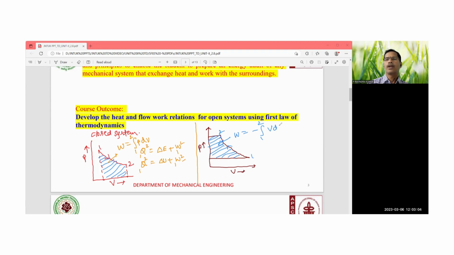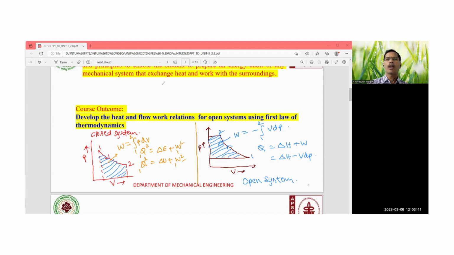This is the open system. Here Q is equal to delta H plus W. But what is this W? It is minus VdP, so Q is equal to delta H minus VdP.